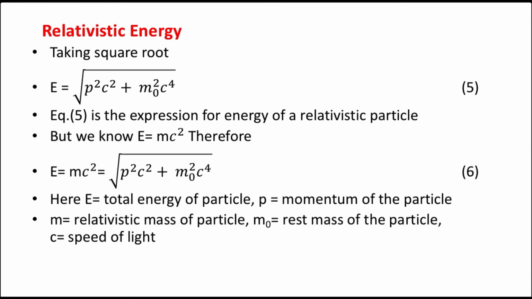We know that E is equal to mc square. Therefore, E is equal to mc square is equal to under root of p square c square plus m0 square c raised to the power 4.